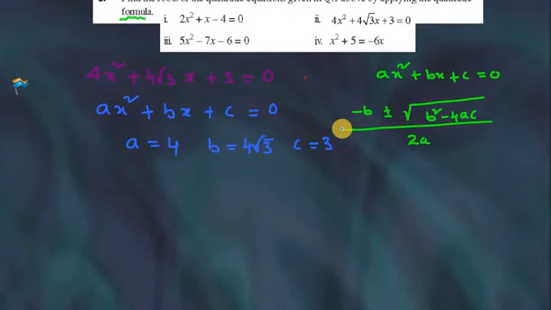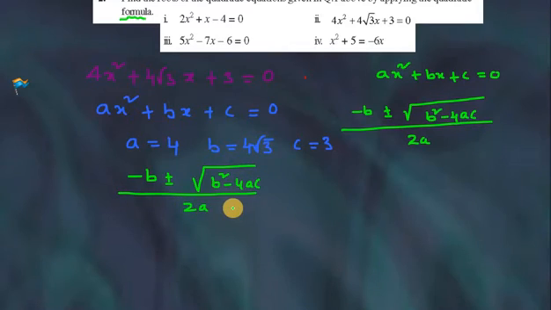Now substitute directly in the formula, minus b plus or minus square root of b square minus 4ac by 2a. So if I write once again, minus b plus or minus square root of b square minus 4ac whole by 2a. Now you substitute each and every value of a, b, c. So what will you get?